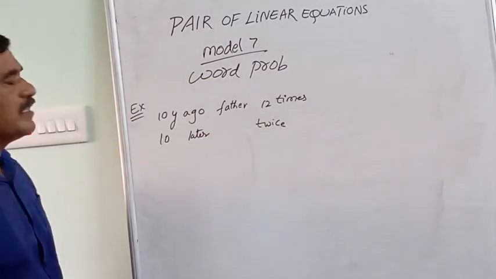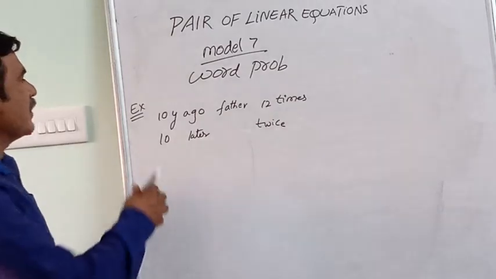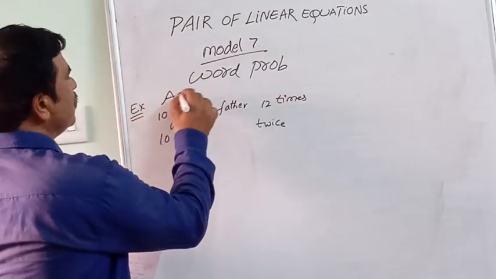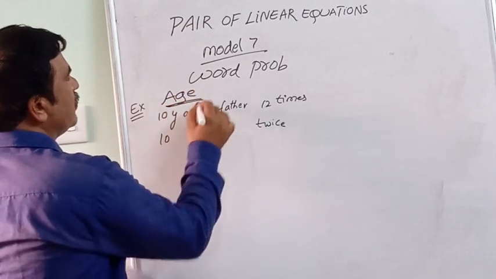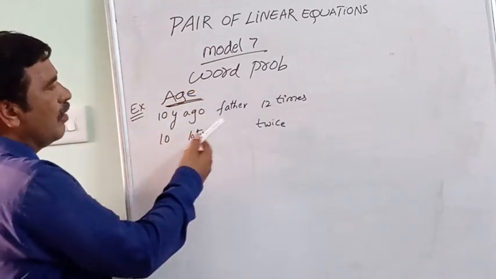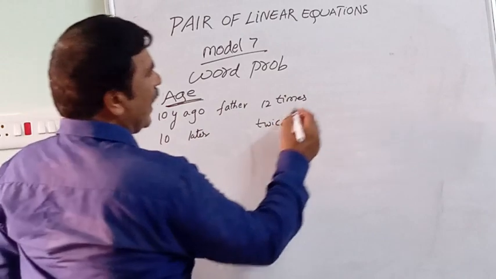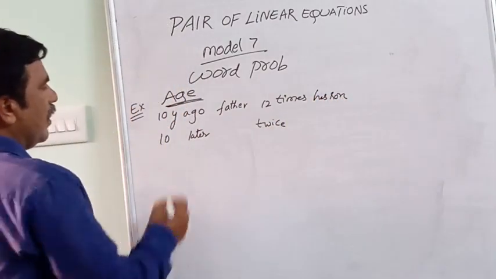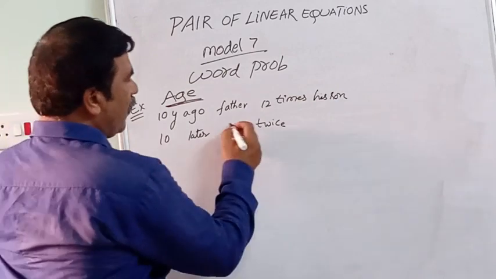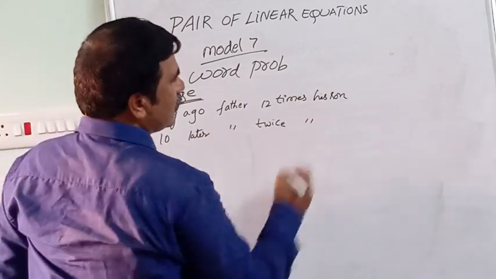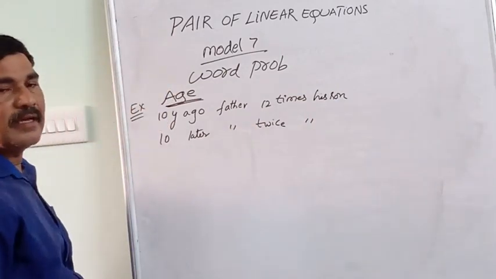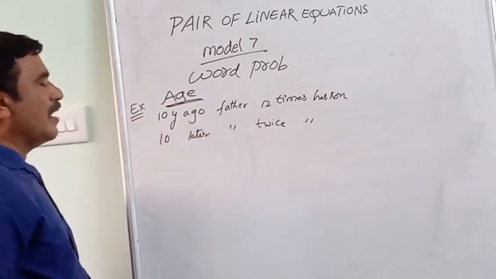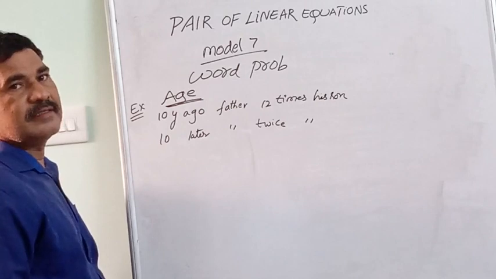Now converting is important. See, I'll give you an example. Age problems. Age related problems. 10 years ago, a father is 12 times his son. 10 years later, father is twice his son. Now find the father's and son's present ages.